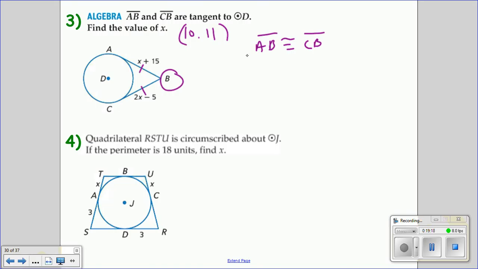And since they're congruent, we can say x plus 15 equals 2x minus 5. To find x, subtract x on both sides, which leaves you with 15 equals x minus 5. Add 5 to both sides, which gives you 20 is equal to x.